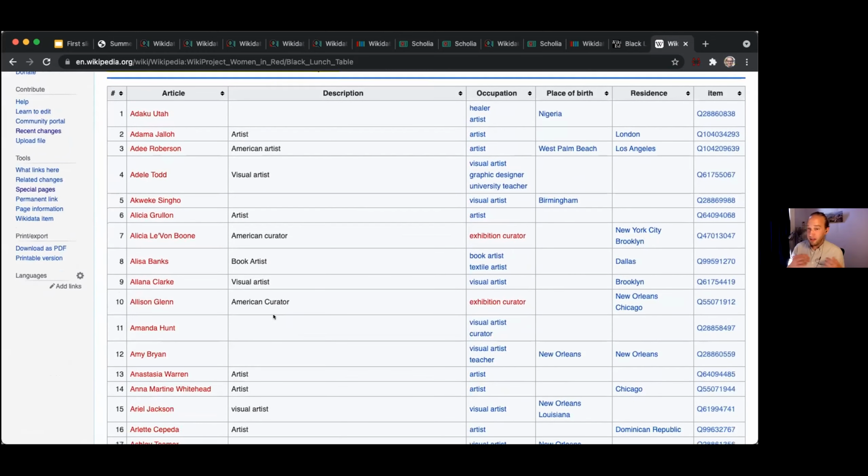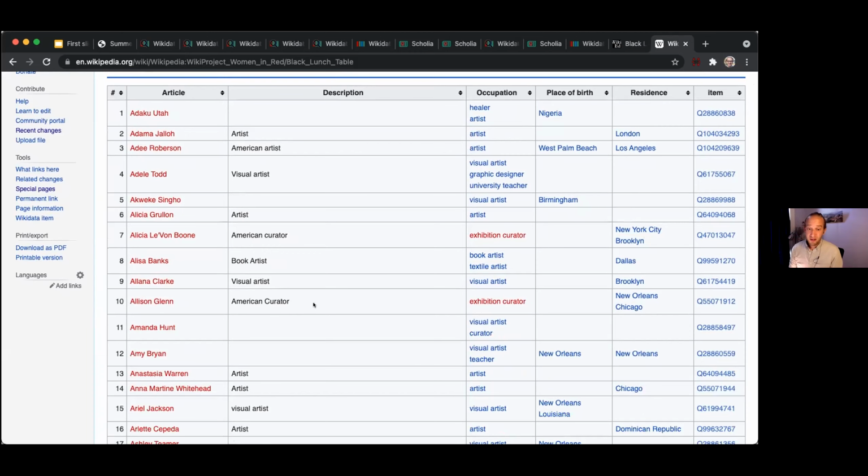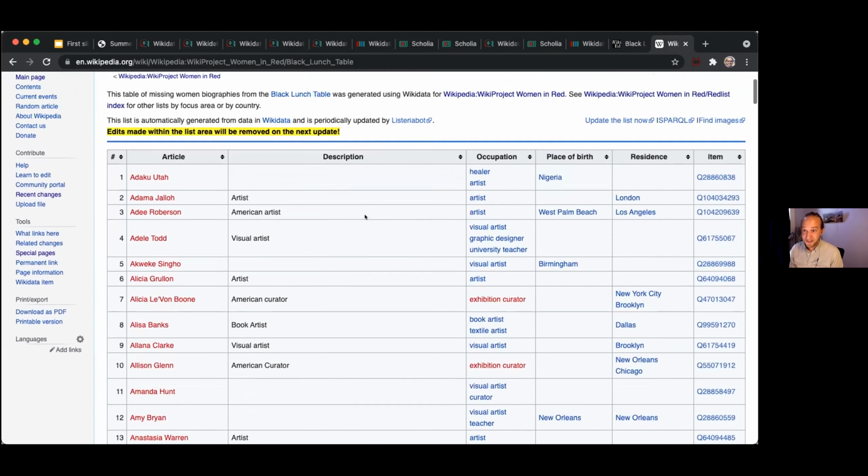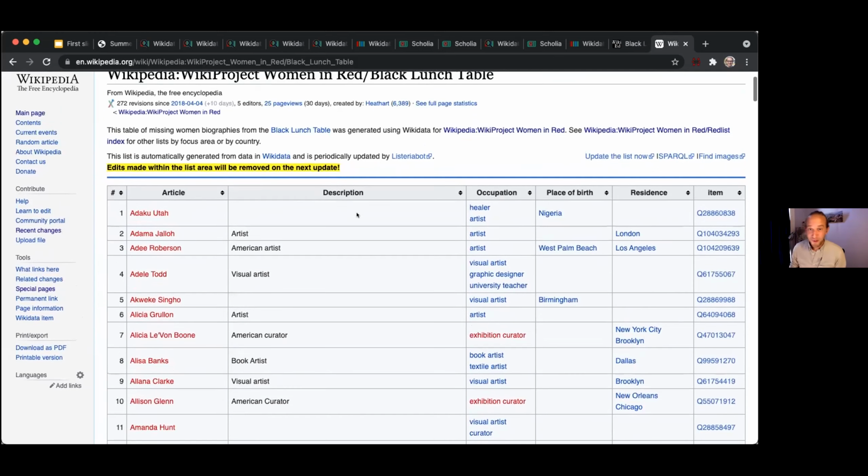So you already have a little set of information to base these articles off of. And I've just selected people because that's an easy concept to have in our brains, but you could switch this focus to pretty much anything you can imagine and generate a similar list through Wikidata's queries and the data that's already on Wikidata, which is very cool.